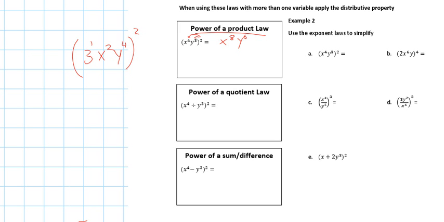So then distribute that 2 in. So that's going to be 3 to the power of 2, which is 9, x to the power of 4, y to the power of 8, which simplifies to 9, x4, y8. If you understand that you also have to raise that 3 to the power of 2 right away, you don't have to do that extra middle step. Okay?